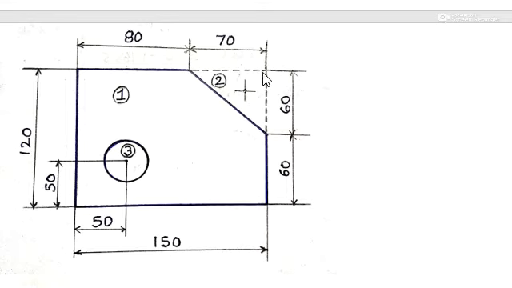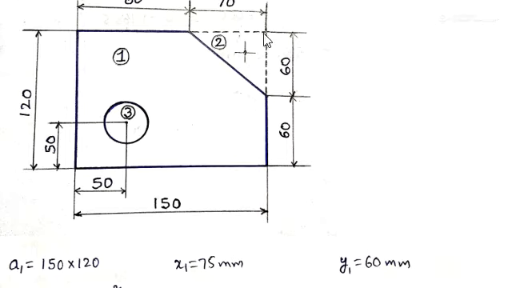So if you see this right angle triangular area separately, we know the position of the centroid of a right angle triangle.